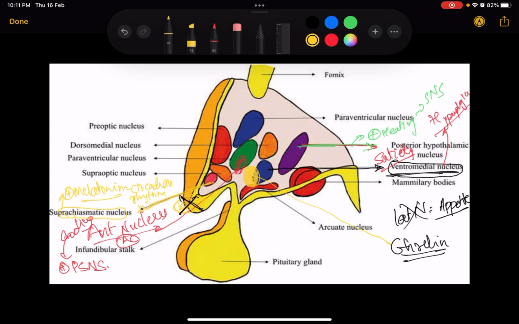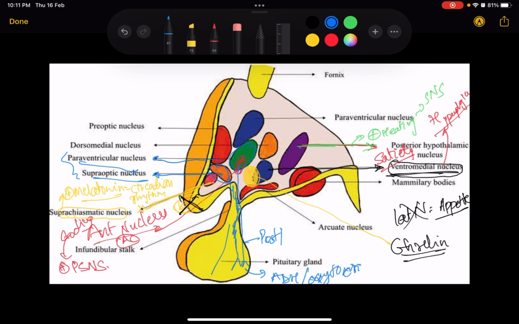All right, then we have two important nuclei situated around here. This is the supraoptic nucleus, the orange one, and then we have the green nucleus, which is pretty massive, the paraventricular nucleus. These two nuclei are associated with a very important function. Their fibers go around out here and land in the pituitary, to be precise, the posterior pituitary or the neurohypophysis, and they cause release of ADH and also another hormone called oxytocin.